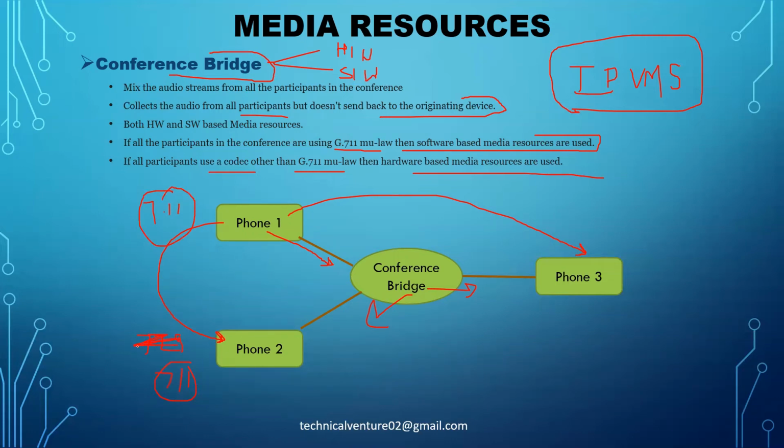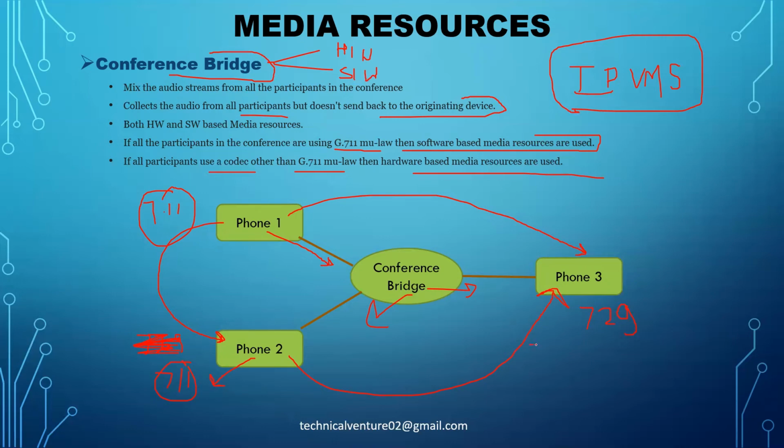Now let's say phone 2 wants to add phone 3 in a conference. So phone 2 will make a call to phone 3. We know phone 2 is using G711, and maybe phone 3 is using G729, or maybe the same G711, in which case it also works.